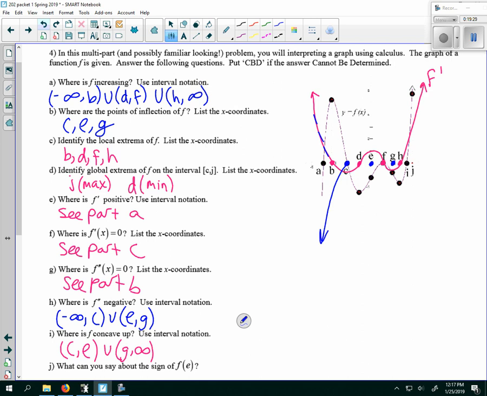And then between C and E, my tangent lines on the pink graph all have positive slope, so I'm above the x-axis. And then negative slopes, so below. And then finally, positive slopes, so above. So this one is f double prime.